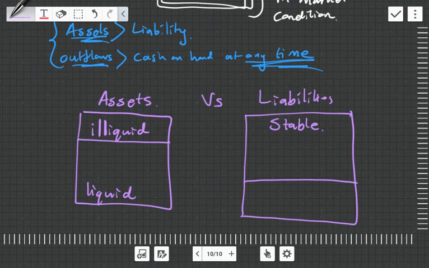And then there are our volatile liabilities, where the payout is a little bit shorter or more uncertain, say a banking deposit that can be withdrawn at any time.